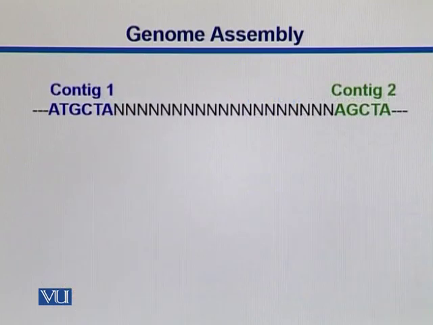Here we see two contigs, contig 1 and contig 2, and in between there is an unknown sequence, so there is a long run of Ns. For these Ns, we don't know what nucleotides are there. So this is where the contigs actually break. We have those reads which are aligned together, and then there are some gaps among these contigs. When we put those contigs together, that becomes a scaffold.